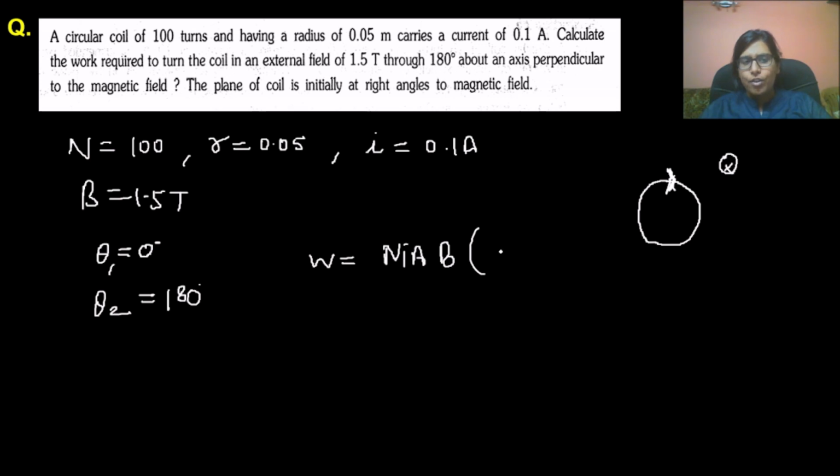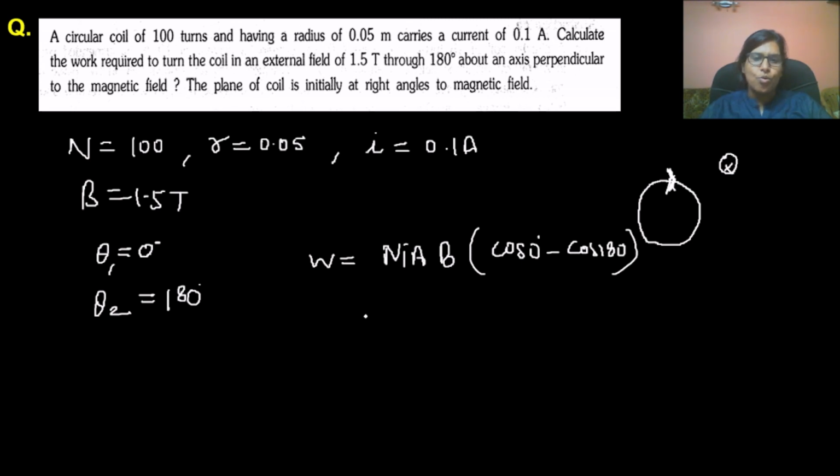Cos theta 1 is cos 0 degree, which will be 1. Next theta 2 is 180 degree, so minus cos 180 degree. So this will be 1 and this will be minus 1.